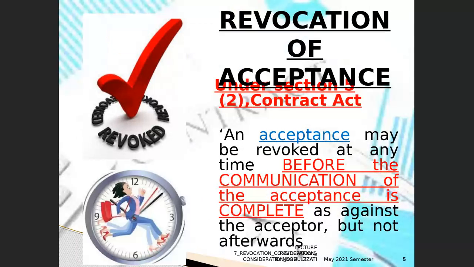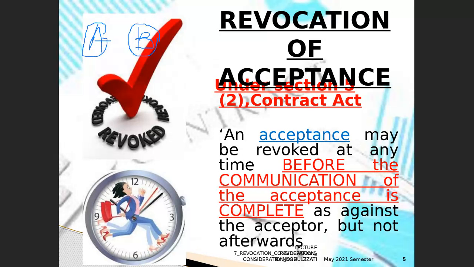Okay, the second one, under section 5(2) Contract Act, an acceptance may be revoked before the communication of acceptance is complete. That means I give you the same scenario again. Let's say A is giving the offer to B. A is giving the offer, B is supposed to give the answer.